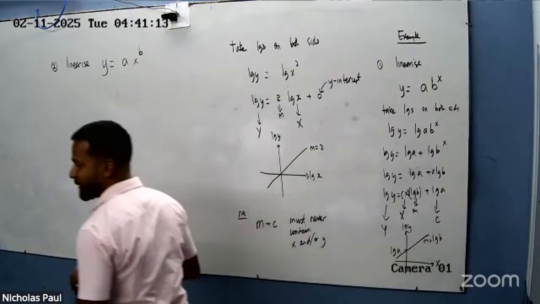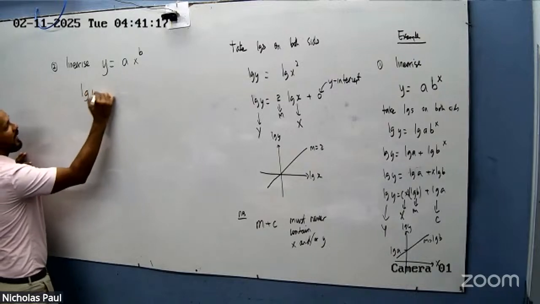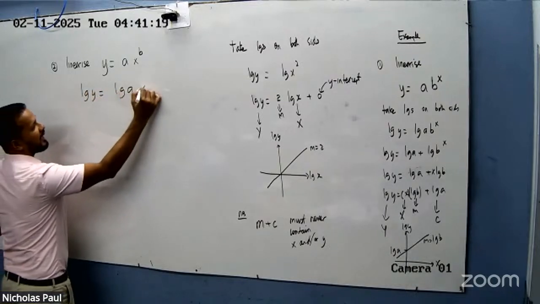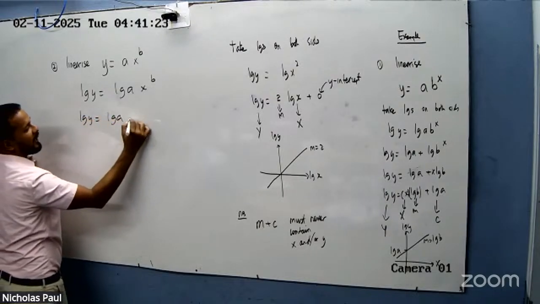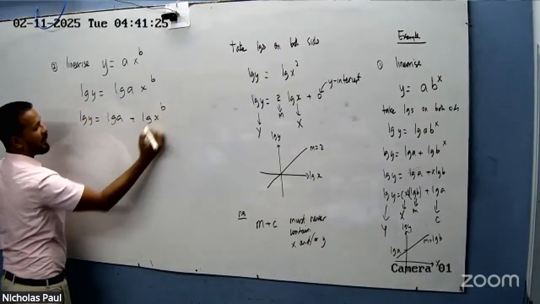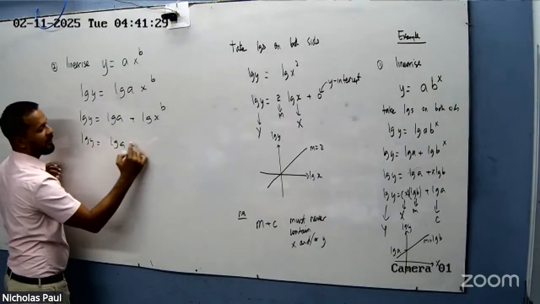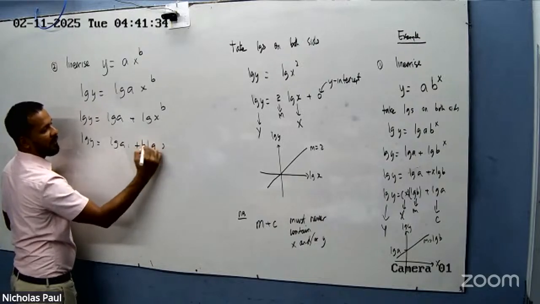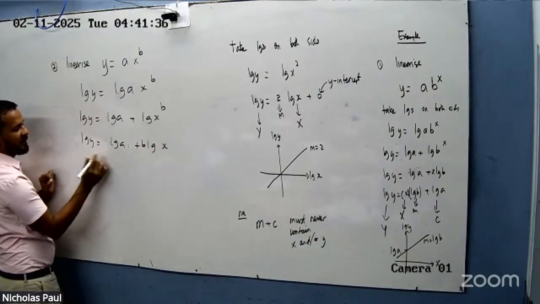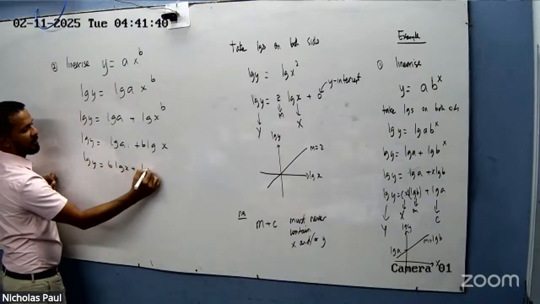We should finish what I said. So you'll get log y is equal to log a x to the power of b. So that'll be log y is equal to log a plus log x to the power of b. Bring the b in front of log x, so that'll be b log x plus log a.